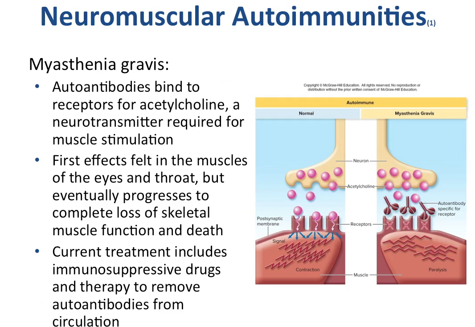Myasthenia gravis, actually, the autoantibodies bind to the acetylcholine-gated ion channel on the sarcolemma, and then the acetylcholine-gated ion channels are destroyed.